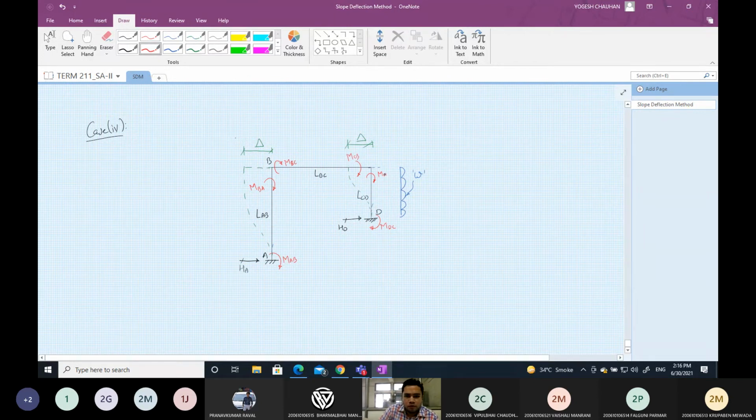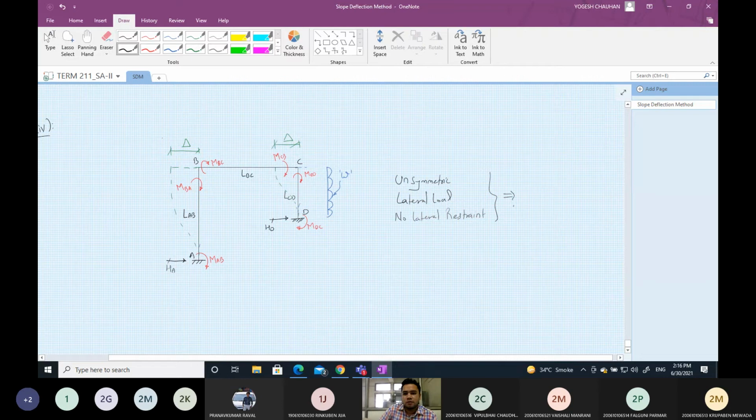This is MCD and this point is C. Okay, so again this frame is an unsymmetric frame as well as there is lateral load present, and we can also add no lateral restraint. So this implies this is a sway frame.